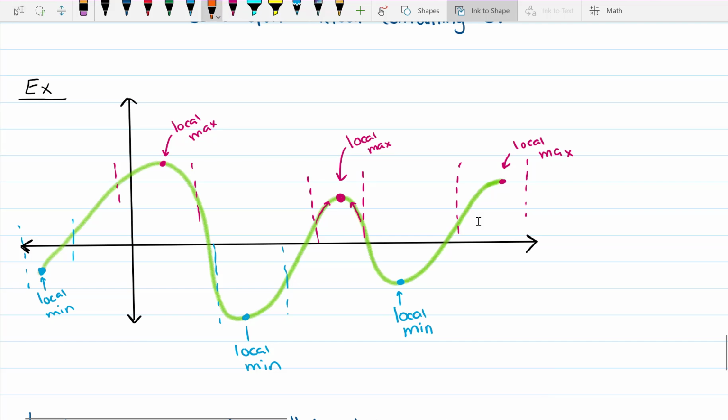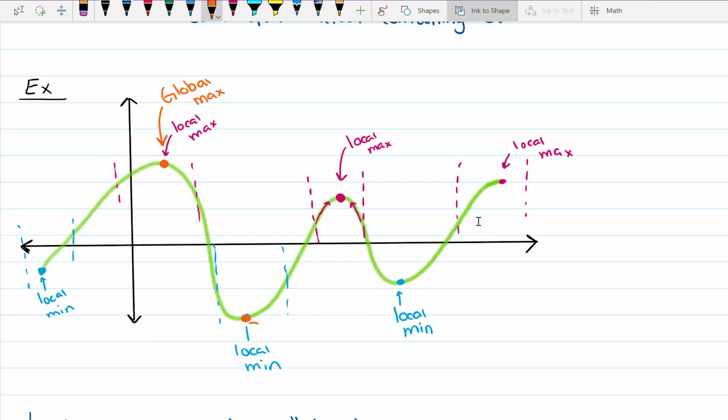Now, there's one more thing I need to point out, which is you can have a global max, which is the highest point on the entire graph, which would in fact also be this point right here. So this is a local max, but it is also a global max, or a global extrema.